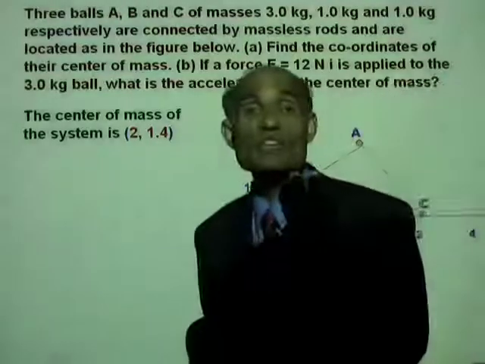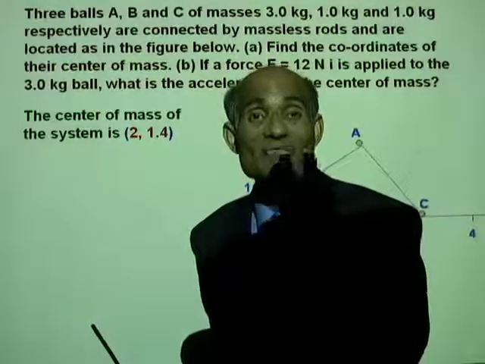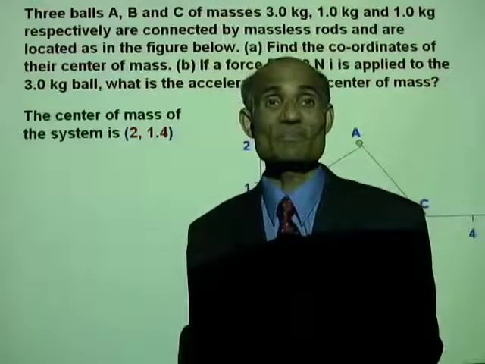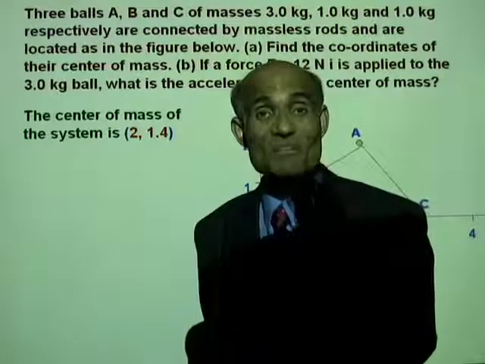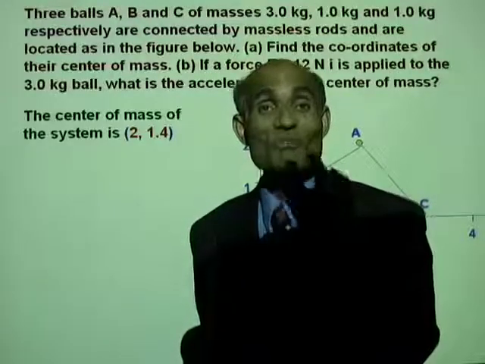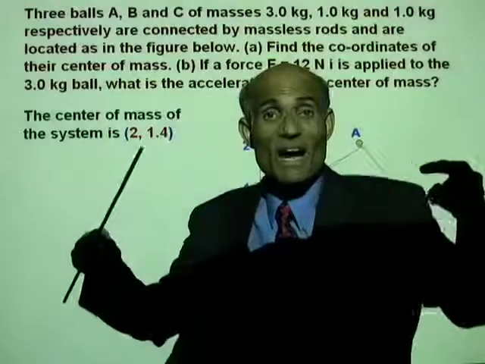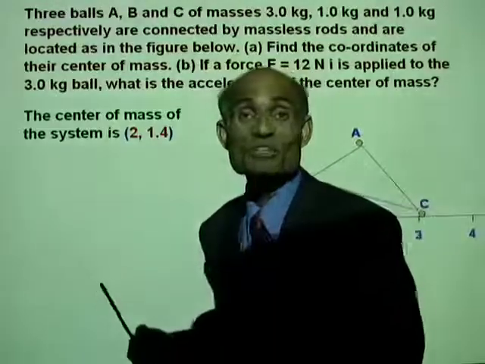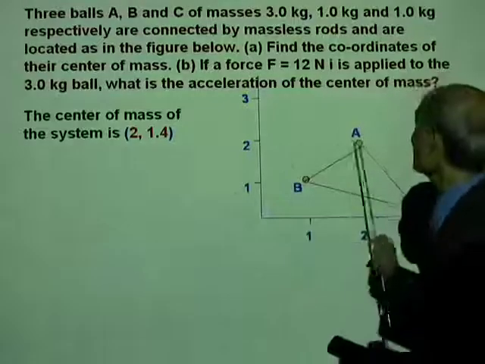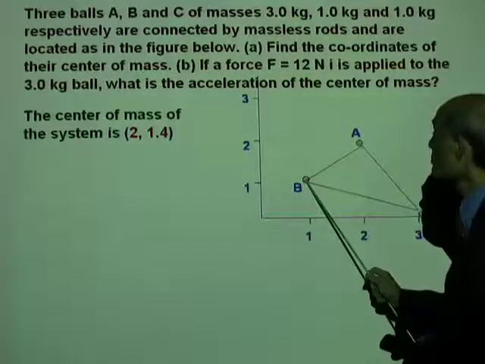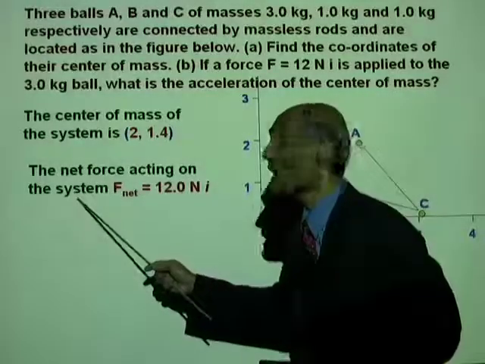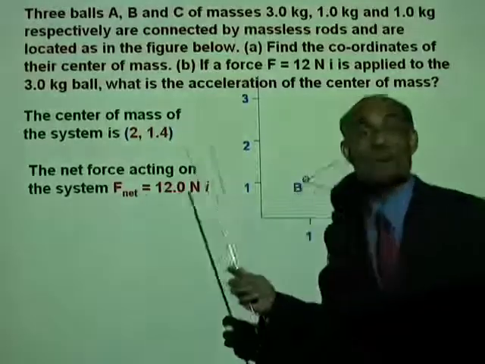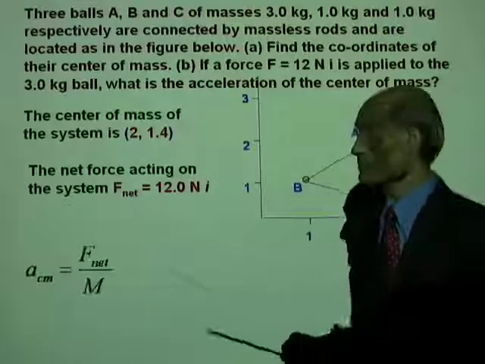Tell me, what is the net force at the center of mass? Well, the net force at the center of mass is the sum of the forces acting on the different objects of the system. So that will be 12 Newton i plus 0 plus 0. The net force acting on the system is 12 Newton i.